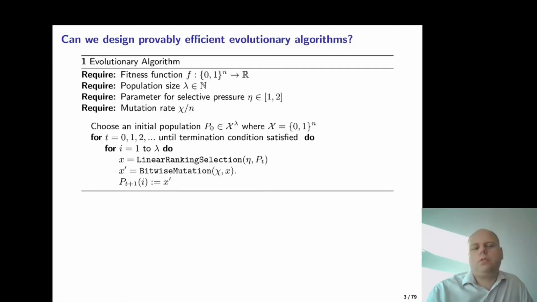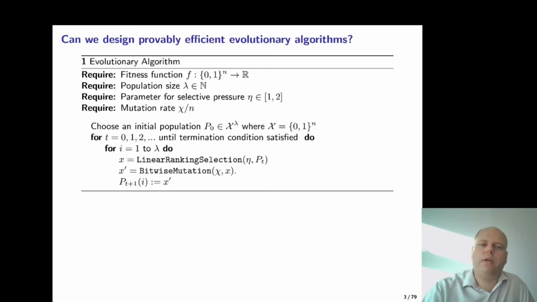The details of that selection mechanism are not important now, but it selects individuals with higher fitness more often than individuals with lower fitness. The degree to which this algorithm prefers the fittest individuals is determined by this parameter eta. Eta can be between 1 and 2. If eta equals 1, you have just uniform selection, and if eta equals 2, you have a stronger bias towards the fitter individuals.